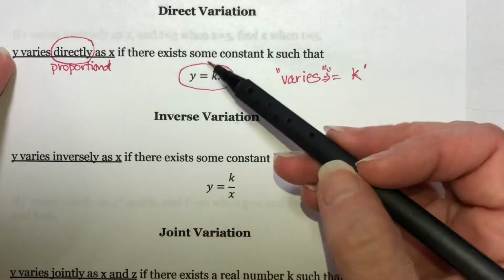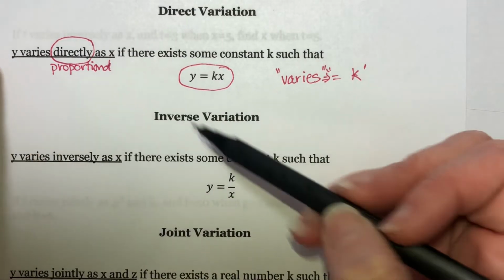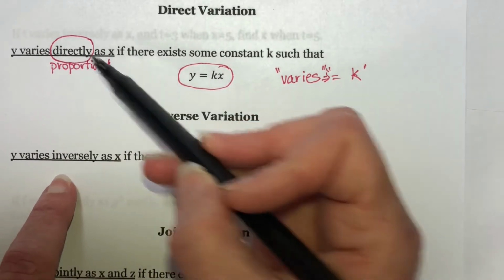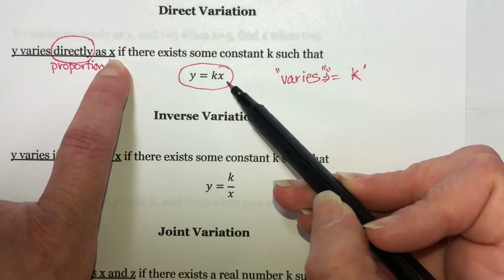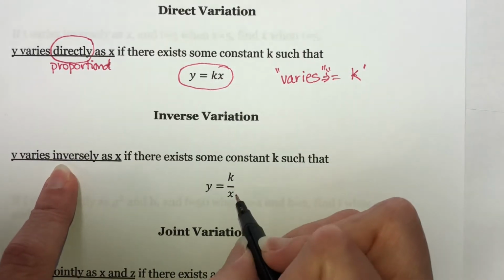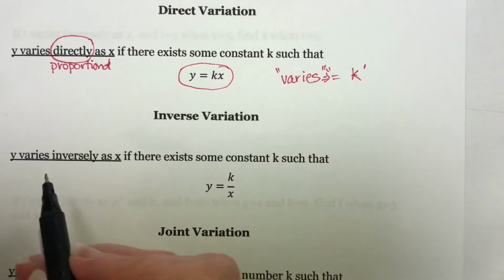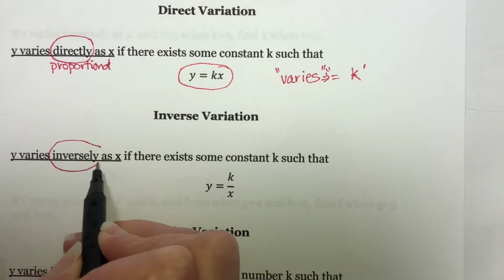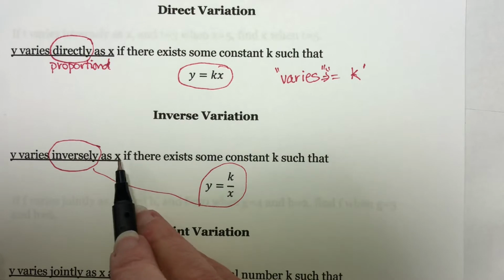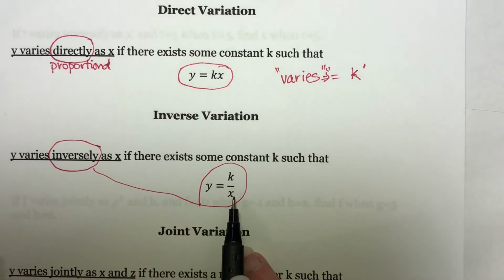So your first variable, y equals k, because it says y varies, y equals k. The word directly tells me that the next variable is going directly beside the k. Inversely means the x is going to go in the bottom. Okay, so you need to connect this word inversely with this formula. Inversely, the next variable goes underneath the k.